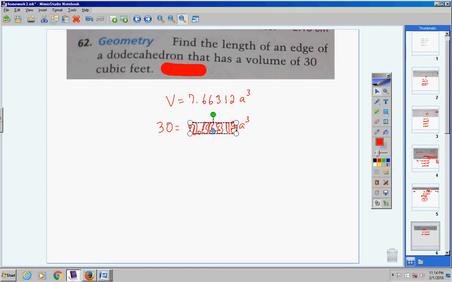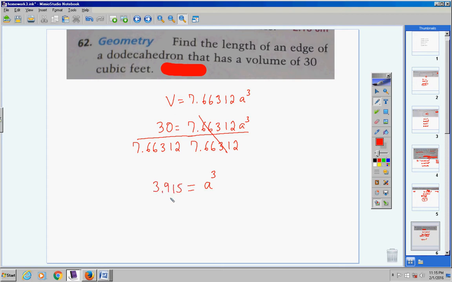So, put that here, and put this over here. So we're going to divide both sides by this number here. Those cancel out, and I'm left with a cubed over here. On the left side, I would have 3.915.